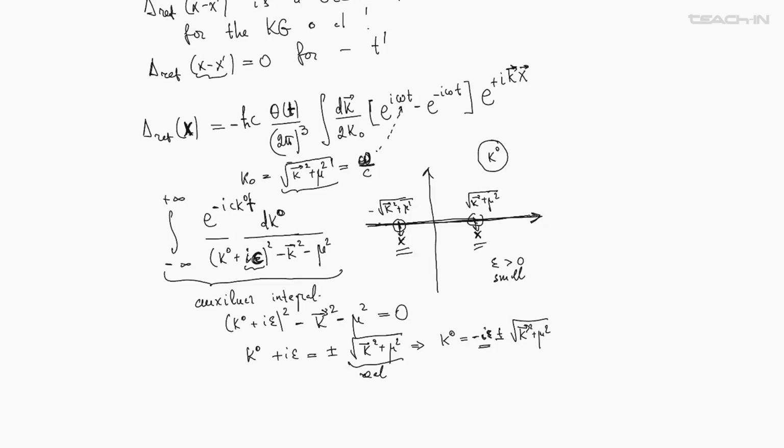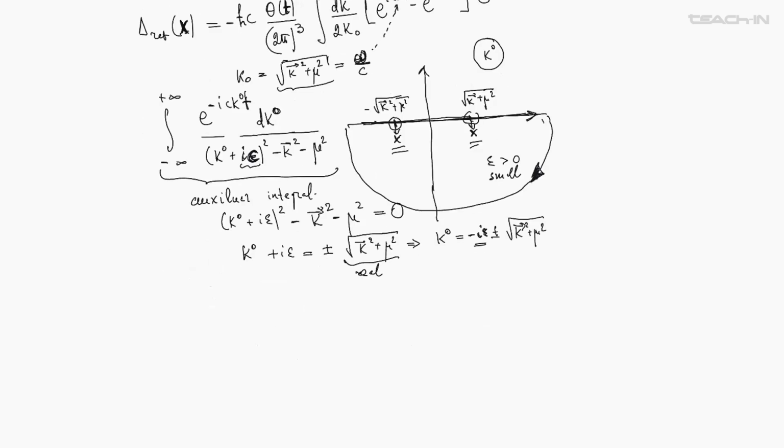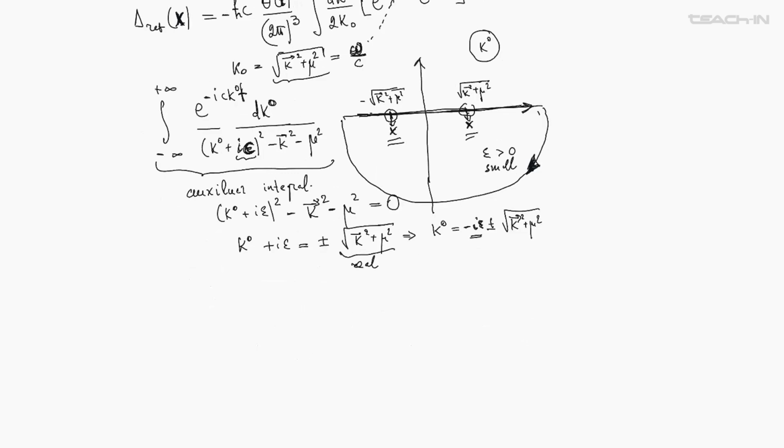So you go through infinity and close the contour in the lower half plane like this. That's what we will do now. Then we can compute this integral by the Cauchy residue theorem in the following way. We have two poles, this one and this one, and we have to take the residue at these poles.